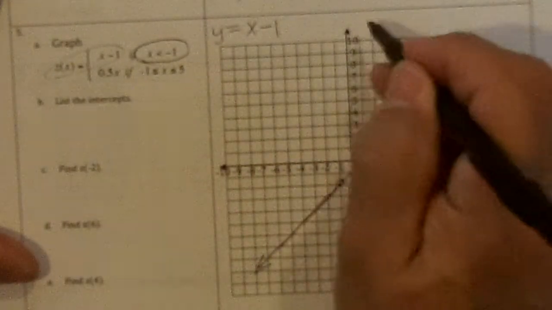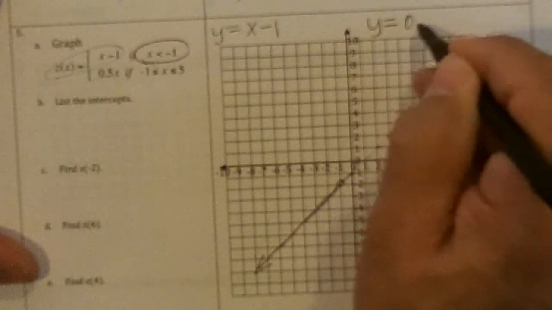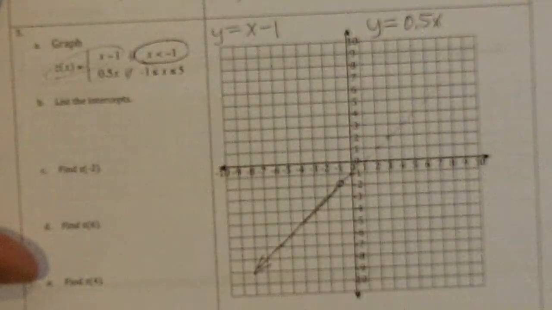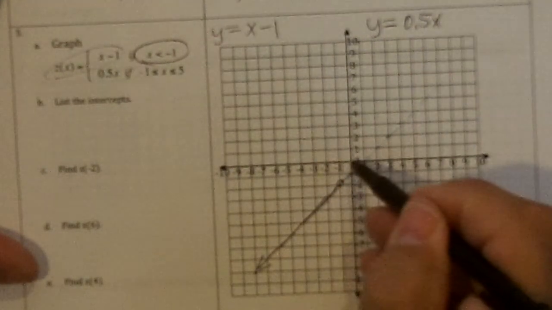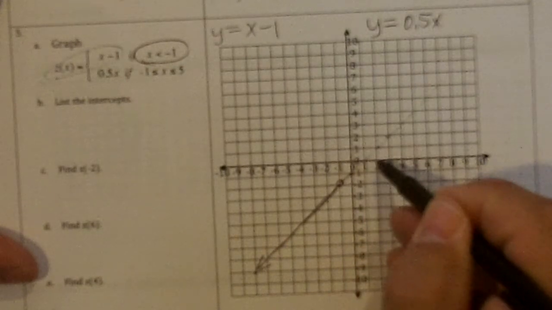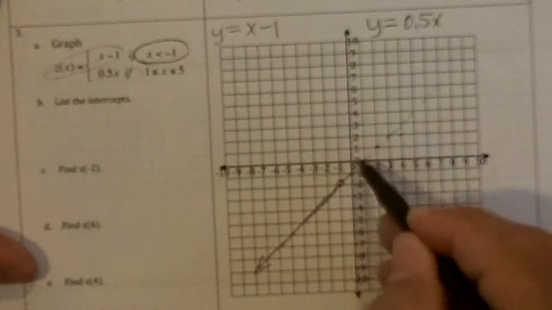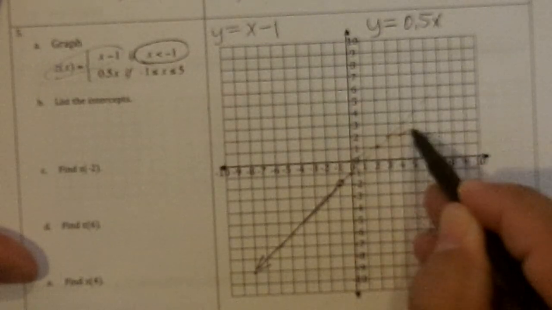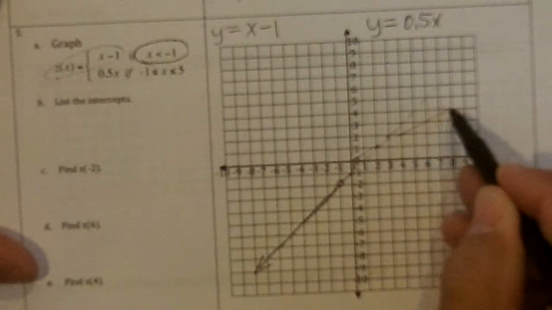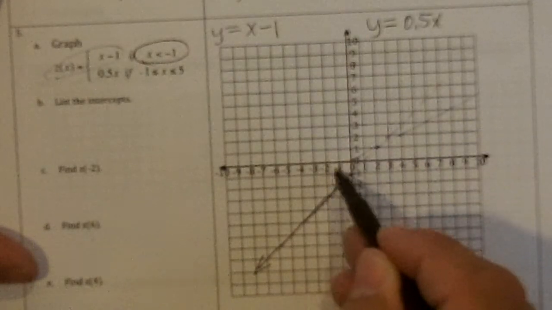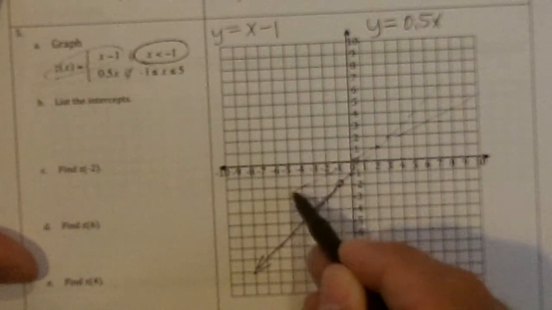Now we draw the other line, y equals 0.5x. So half of 0 is 0, half of 2 is 1, half of 4 is 2. So I've got a pattern going like this. It's the corner of every other rectangle or square.